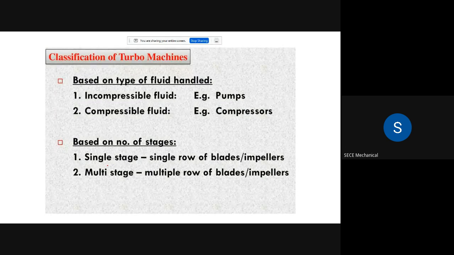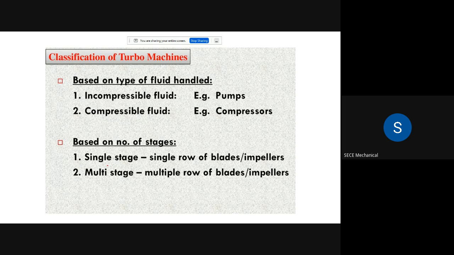If it is an incompressible fluid, we cannot compress the fluid. For example, liquid is one kind of incompressible fluid, whereas gas will be called a compressible fluid. So the machine which deals with compressible fluid is called a compressor, whereas a pump deals with incompressible fluids.